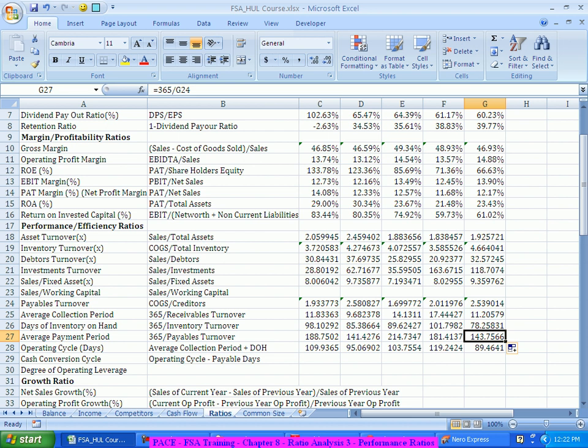It is in a comfortable position to pay its vendors from its business itself. I don't need to borrow to pay him, so my cash is not getting blocked in the process.